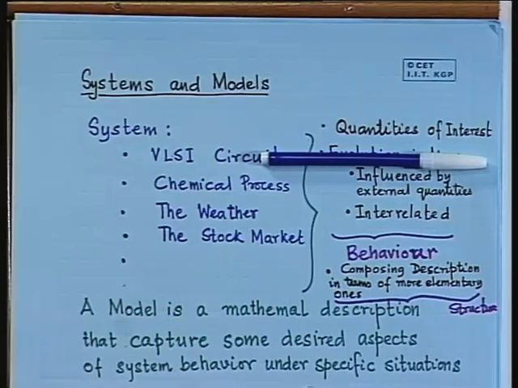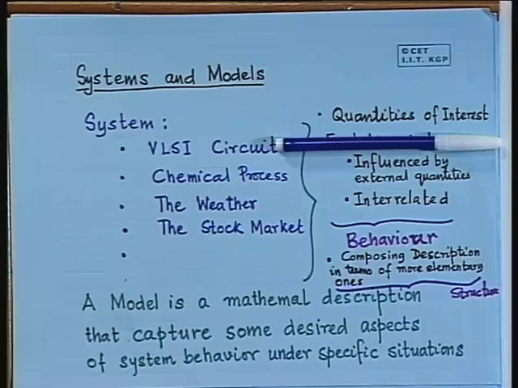For chemical processes it will be chemical compositions, temperatures, pressures. We are interested in them for some reason: economic, social, technical, natural, environmental or otherwise. Similarly, for the weather, we are very much interested in some quantities of interest, and we would like to predict them, and understand how they change. So it is also a system.